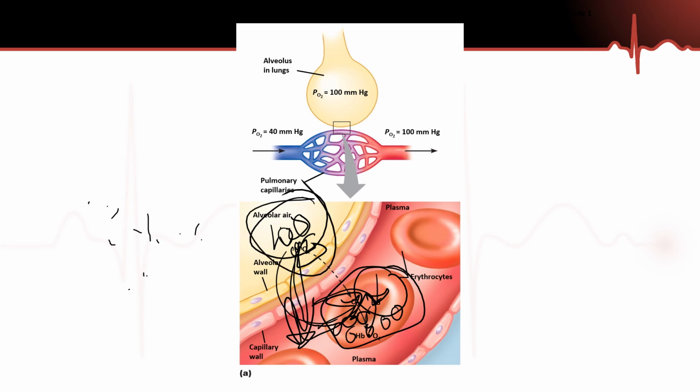This is how we can explain how a red blood cell is capable of gaining 250 million oxygen molecules when it becomes 100% saturated as it travels past the alveolus.